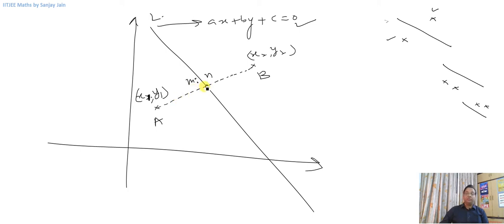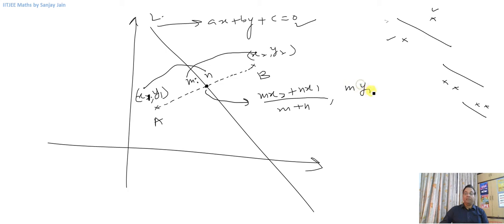So what will be the coordinates of this point? You know that the coordinates of this point will be mx2 plus nx1 divided by m plus n, and the y coordinate will be my2 plus ny1 divided by m plus n. So these are the coordinates of this point here.